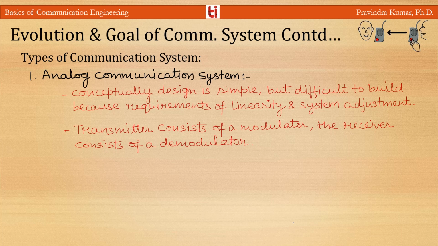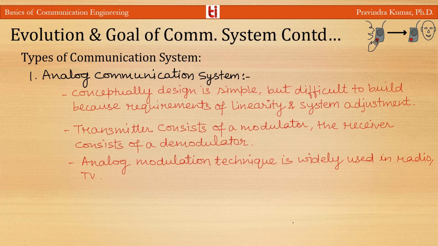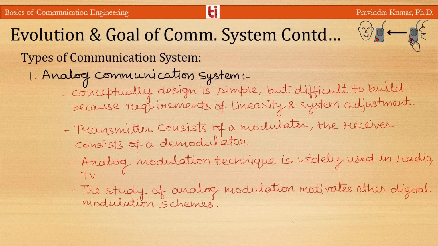The simplicity of the analog system is also due to the fact that analog modulation techniques, exemplified by their wide use in radio and TV, involve no significant effort by the system designer to tailor the waveform of the transmitted signal to suit the channel at any deeper level.